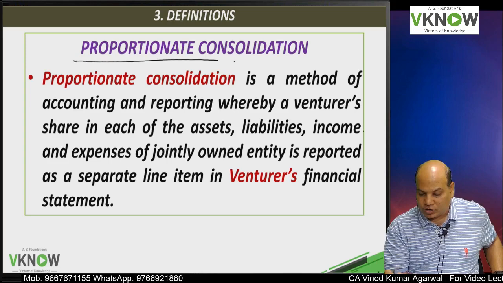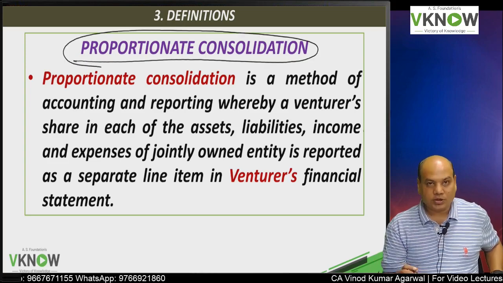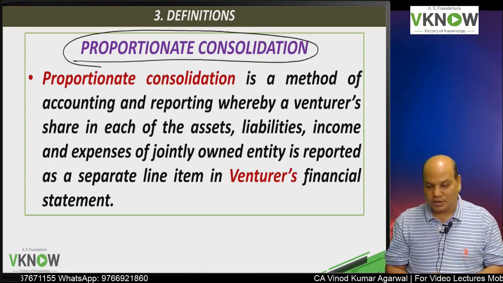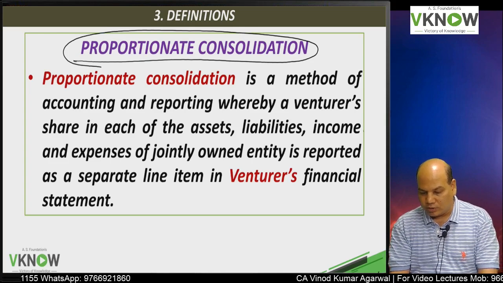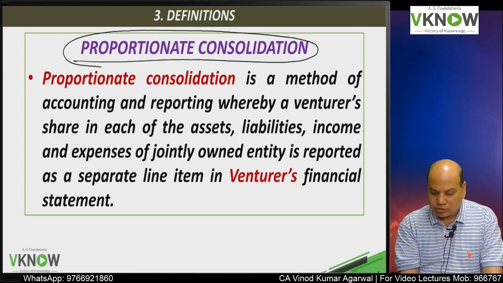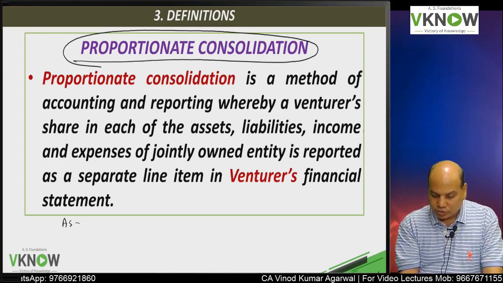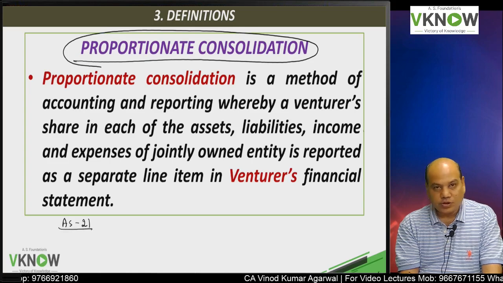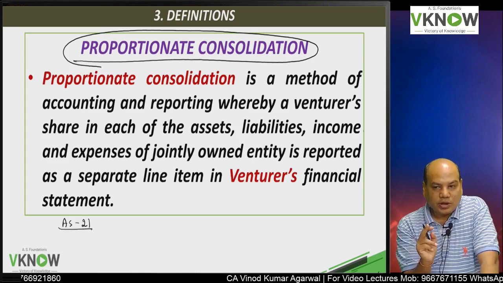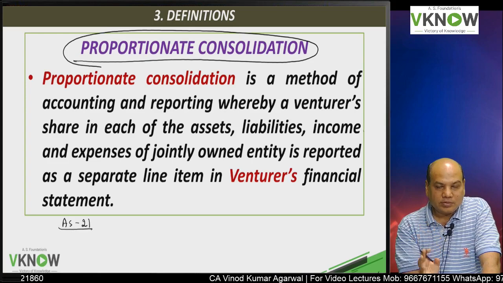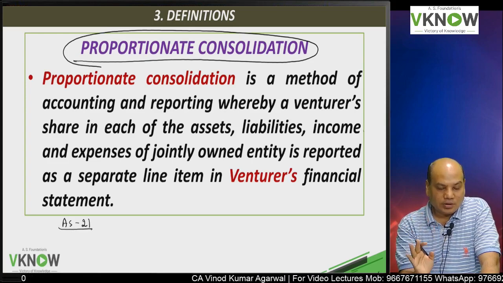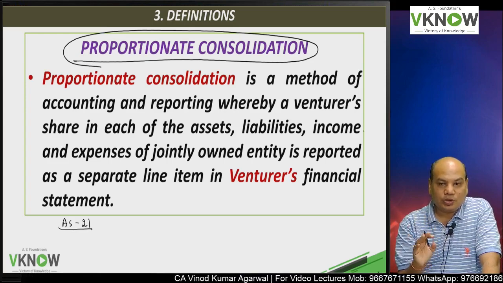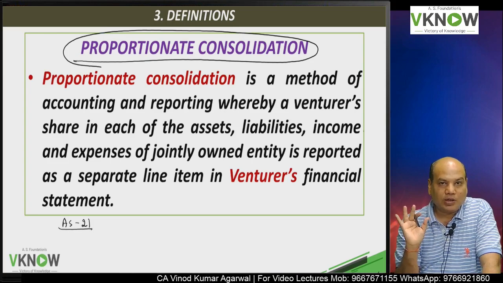Now the next definition is proportionate consolidation. Very interesting. Students will have to remember AS21. Don't read this chapter first. First complete AS21 and AS23, then come to AS27 so that you can understand it fully and better.